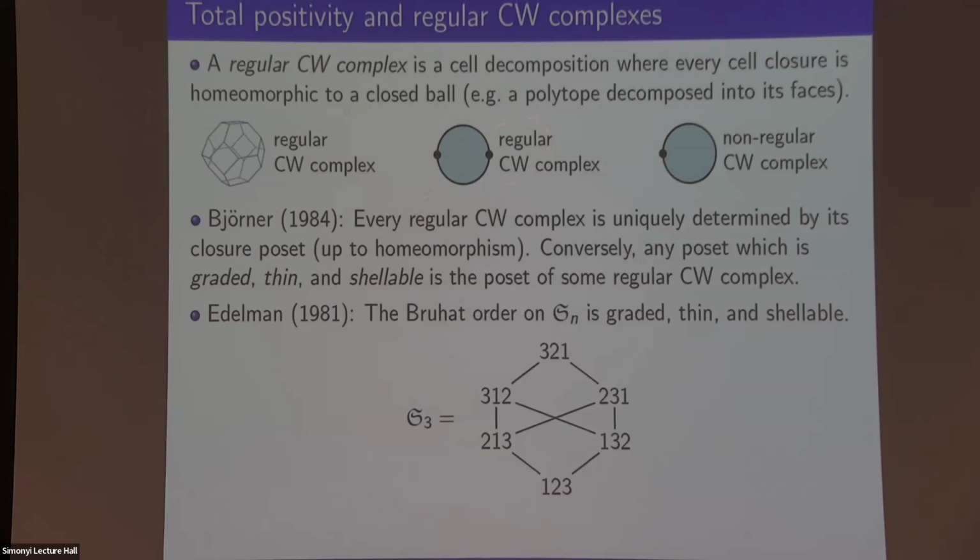So if we want to geometrically realize spaces like these, we need to move beyond the world of polytopes. And Björner posed the question: we can build a regular CW complex with this closure poset just by this recursive gluing procedure, but is there a naturally occurring space in mathematics which is a regular CW complex with this poset?